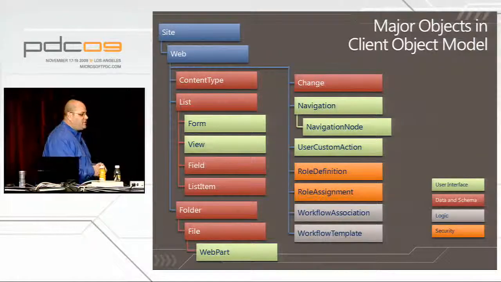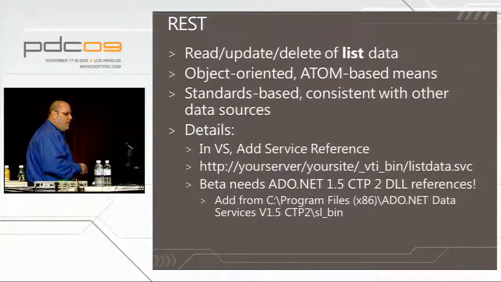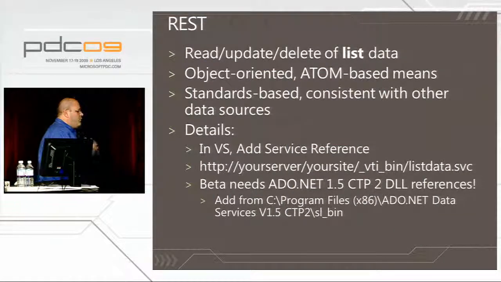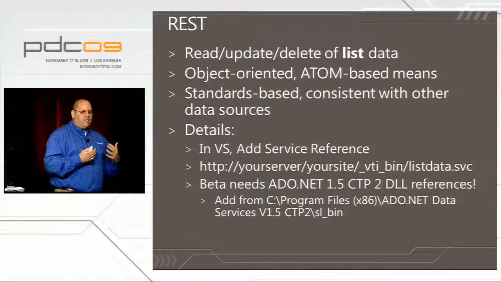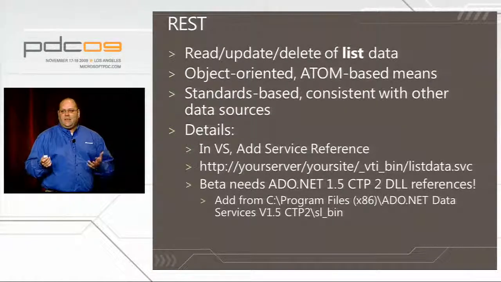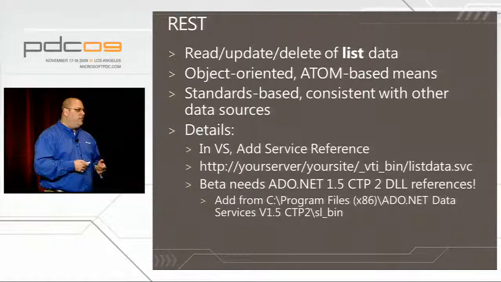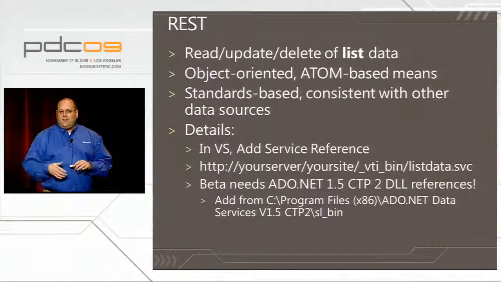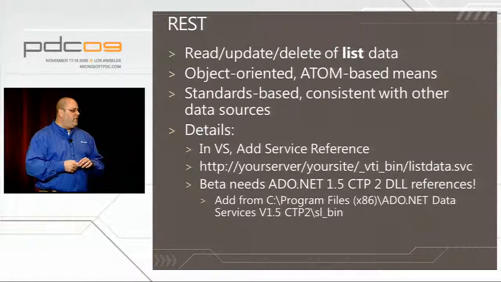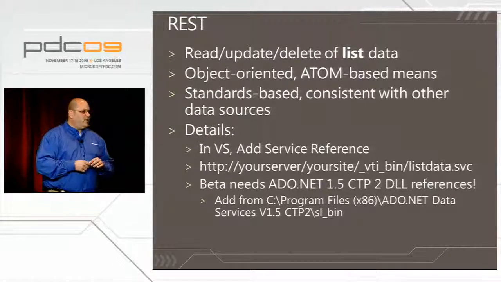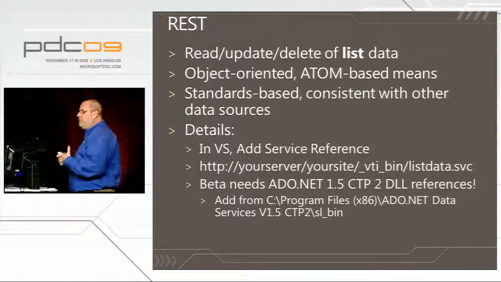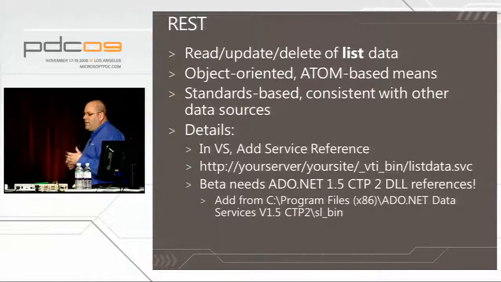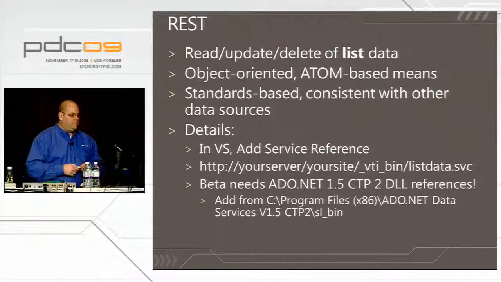REST: now everything is exposed as a REST endpoint, so it's very easy to use tools like ADO.NET Data Services to create entities and to deal with the data in a way that is very transparent to you. And we leverage through SharePoint and Silverlight all of these capabilities that the other teams have been working on.